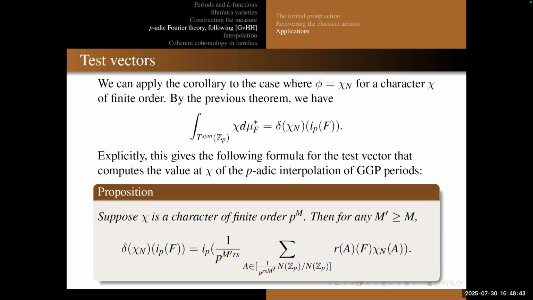Now, it doesn't look all that promising. However, in the case where n equals 3, and it doesn't depend on the order. I mean, if it's of order m, then for any prime bigger than m, you get an explicit formula for it.